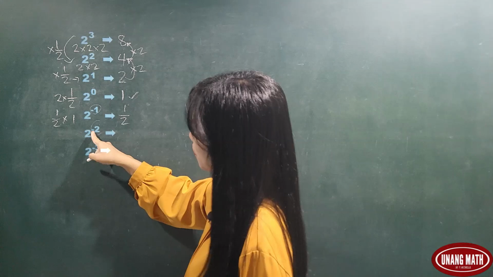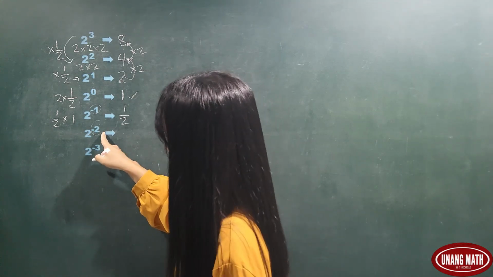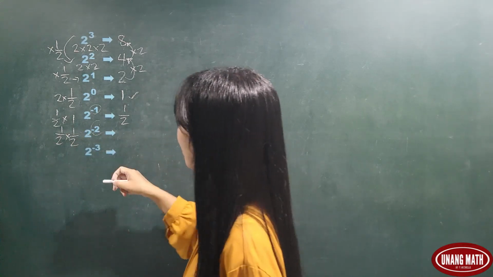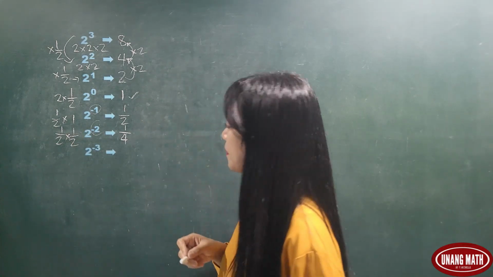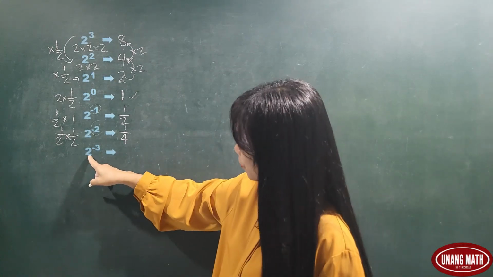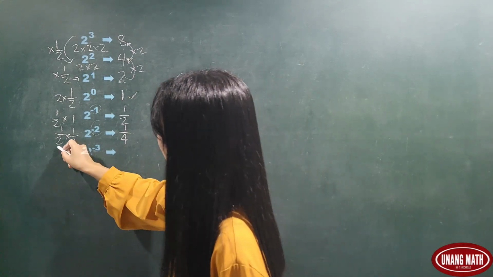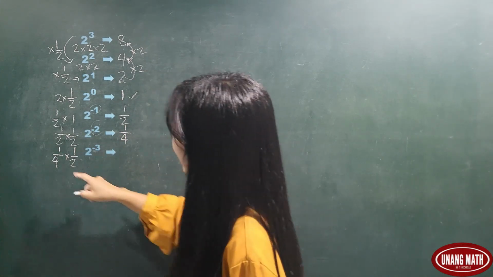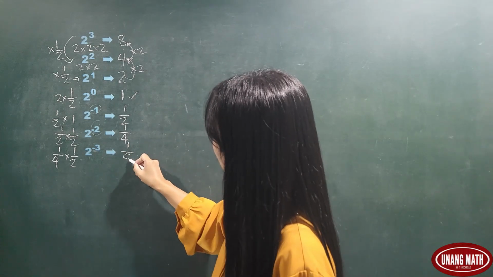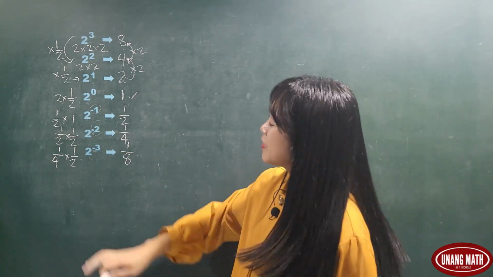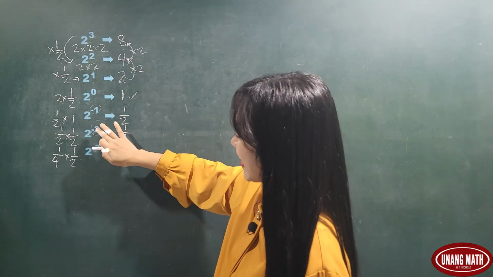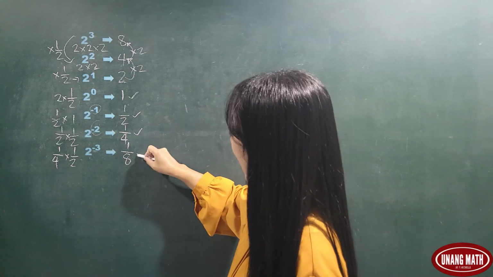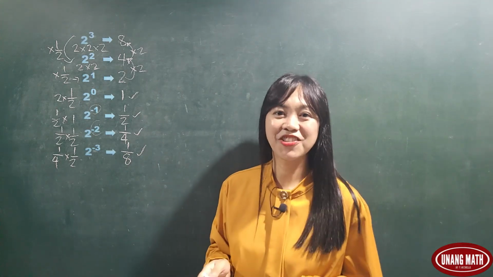If it's 2 raised to the power of negative 2, it's 1/2 times 1/2, and that is equal to 1 over 4. If it's 2 raised to the power of negative 3, it's 1 over 4 times 1/2, and this is equal to 1 over 8. So if the number has a negative exponent, then the simplified answer is a fraction.